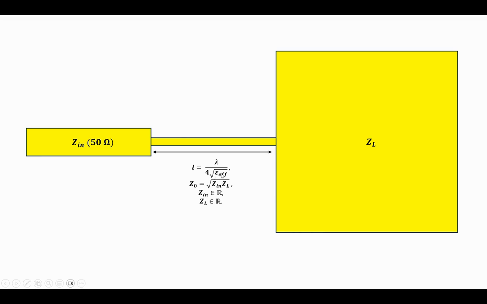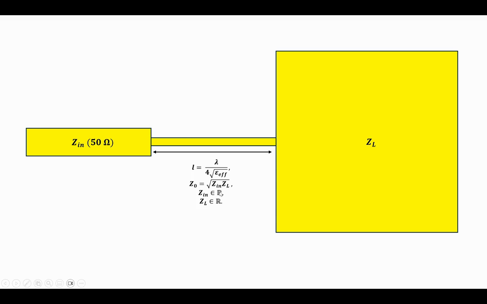And why effective? Because if you would take the permittivity of the material itself, it would be considered incorrect. And also, you need to make sure that the impedance Z0 will be equal to the square root of Zin times ZL.